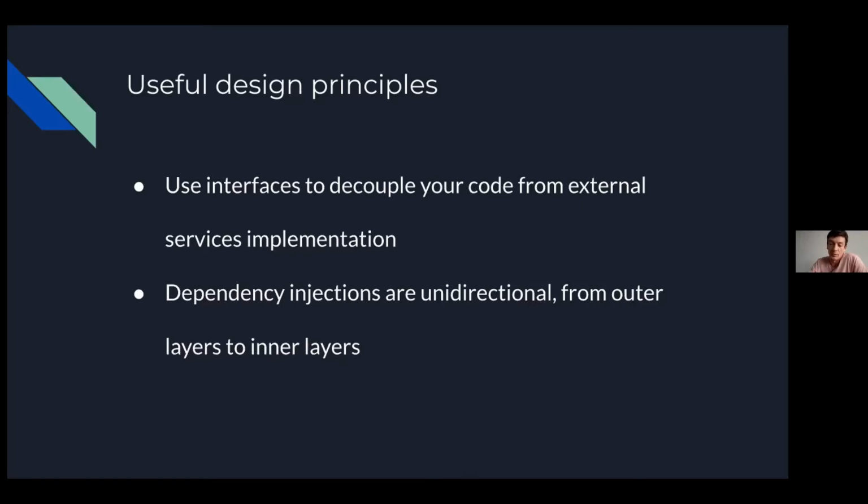So what I would do is define the interface for the repository in the package of my code, which will have a minimum amount of methods to work with information, and I will initialize this interface on outer layers, which goes to the second point. Dependency injections are unidirectional from outer layers to inner layers.